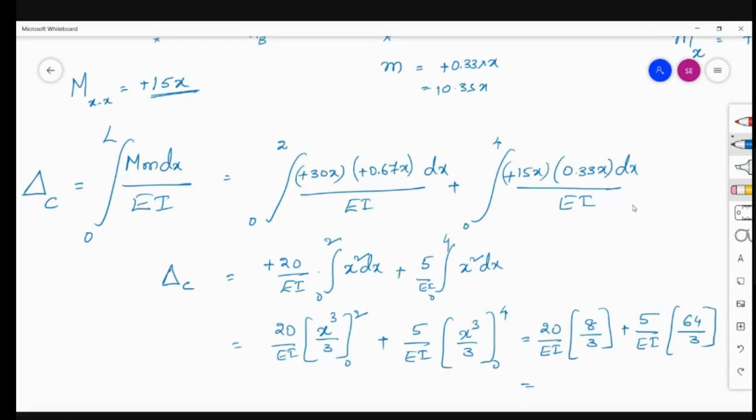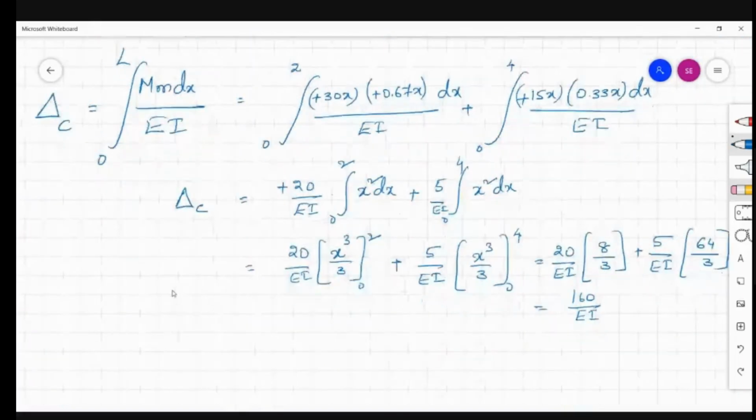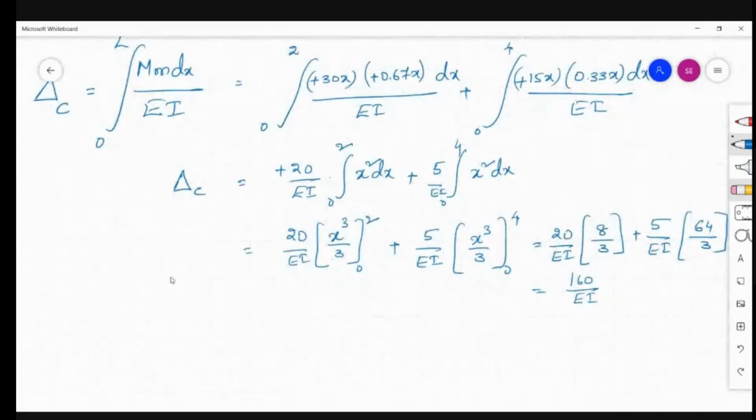So now upon simplification, what is the value of this? Is it 160 by EI? Is it correct? So delta C is nothing but 160 by 2800.